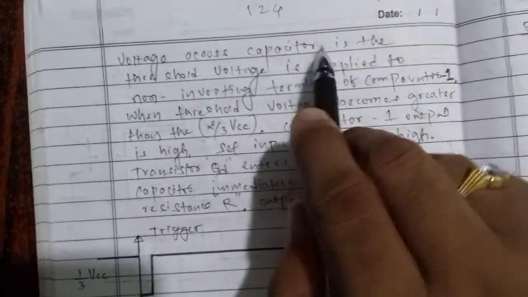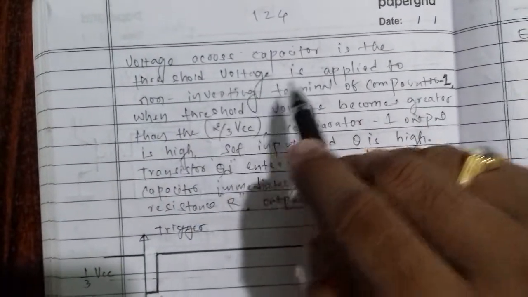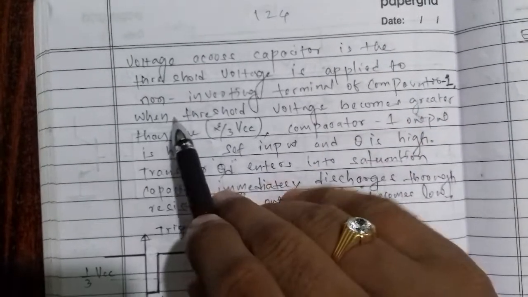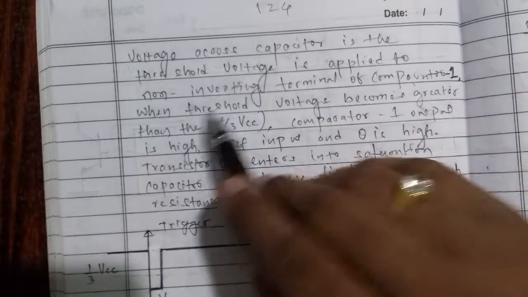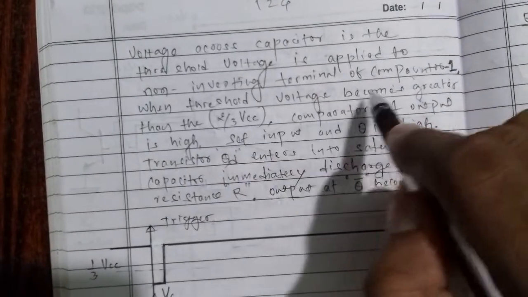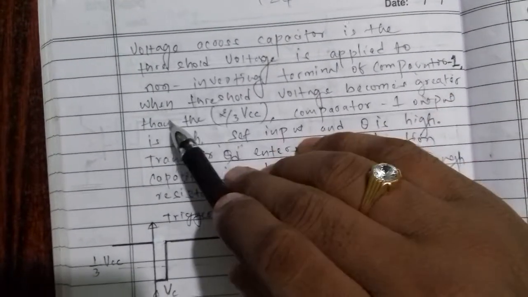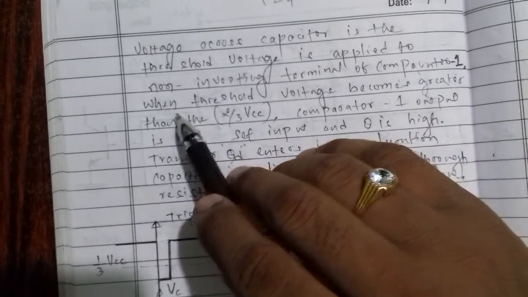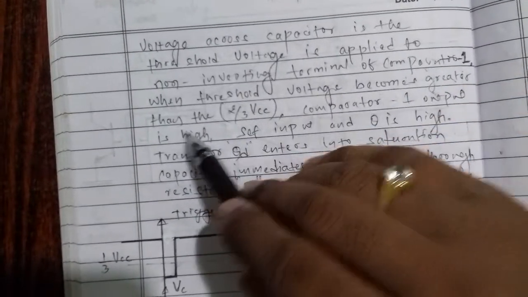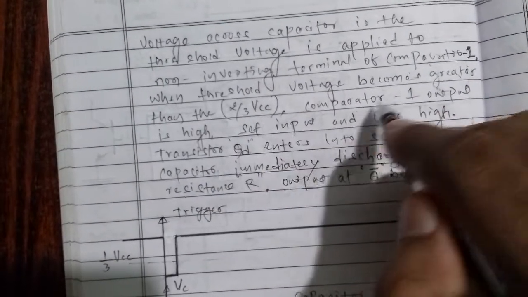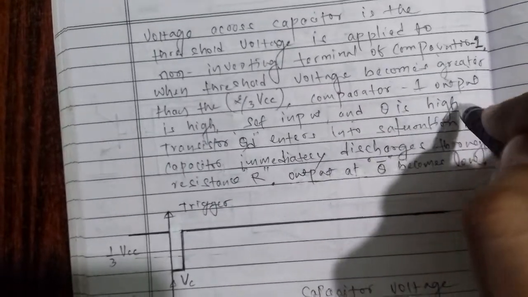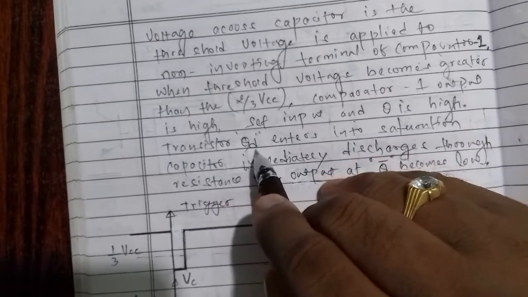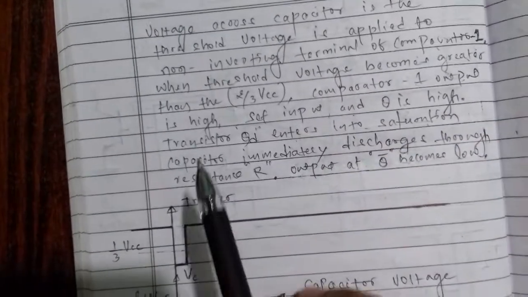The voltage across the capacitor is the threshold voltage applied to the non-inverting terminal of comparator 1. When threshold voltage becomes greater than 2/3 VCC, comparator 1 output is high, set input is high and Q is high. Transistor QD enters into saturation.